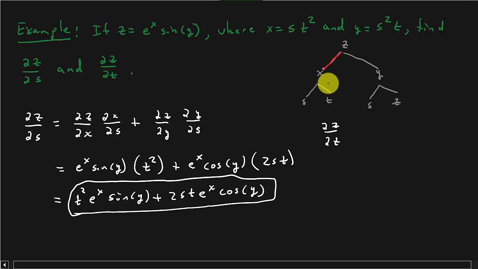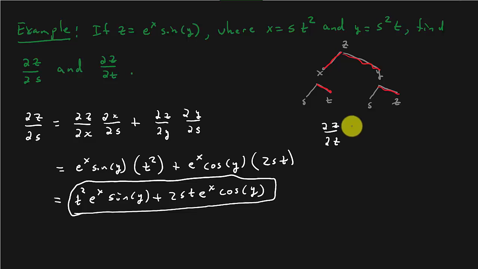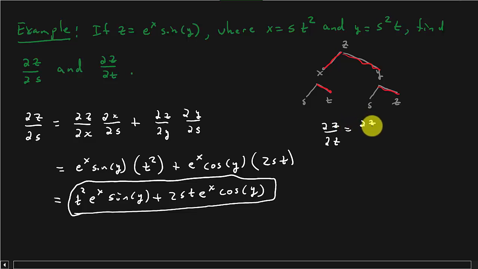So I've got to go here and then here, and here and then here. So this is going to be the partial of z with respect to x times the partial of x with respect to t, plus the partial of z with respect to y times the partial of y with respect to t.